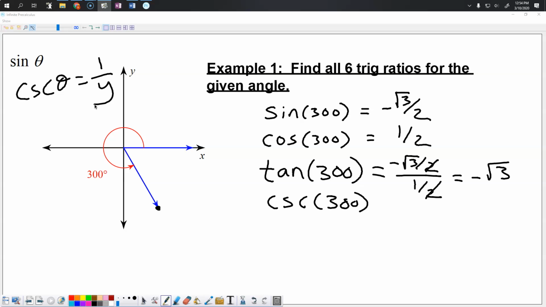If you guys do this, cosecant is 1 over y. If you write this, I'm okay with it so long as you're okay with having to do a lot of simplifying. It'll work. But I'm going to give you guys something that's much, much easier. Okay, and this is what I would encourage you guys to write on your notes. What's much, much easier is just find the reciprocal of this one up here. So just flip this thing over.